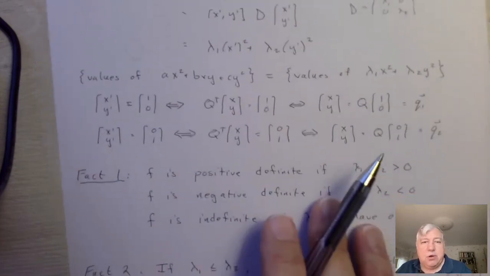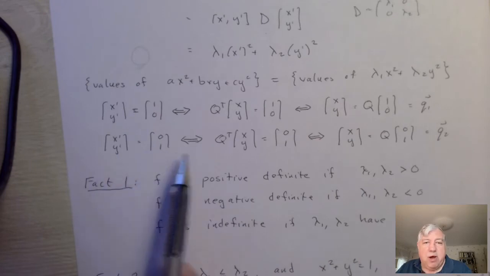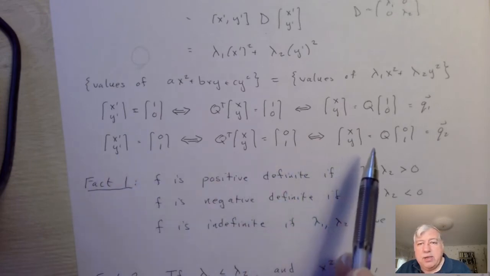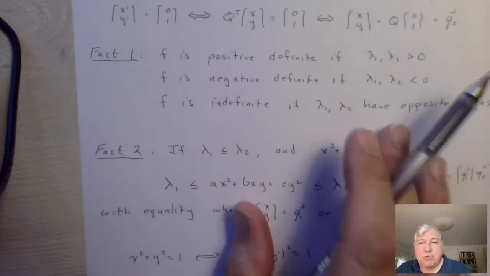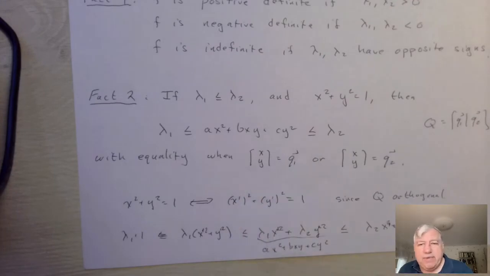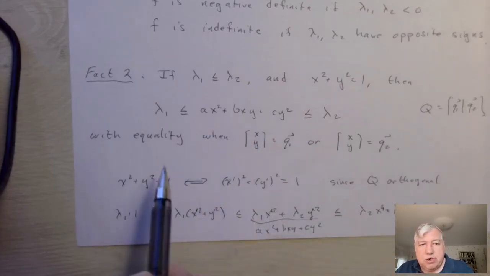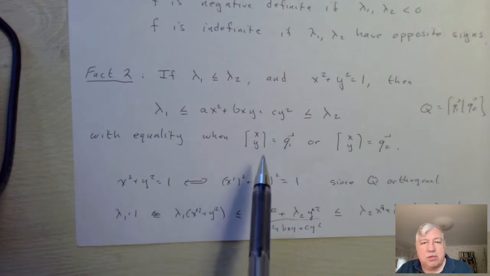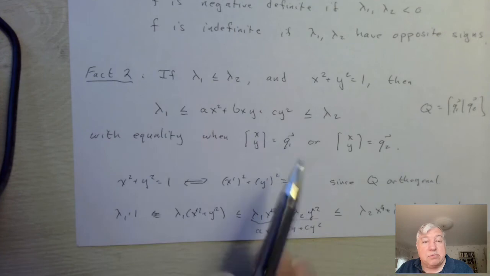That happens when (x prime, y prime) is equal to (0, 1), which means that (x, y) is going to be Q times (0, 1), which is q2. So that's why we can just take the coordinates of these normalized eigenvectors, and that tells us, on the circle given by x squared plus y squared, which values of (x, y) will give us this minimum value and the maximum value.